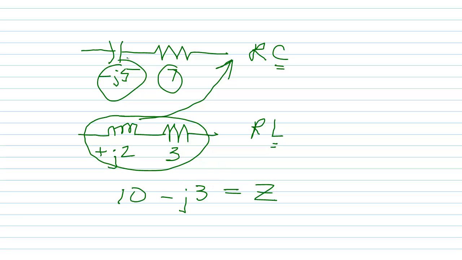When we connect components in series, their resistance components add and their reactance components add, and it's just straightforward complex arithmetic, complex number addition. So that is an example of how these components work when we connect them in series.